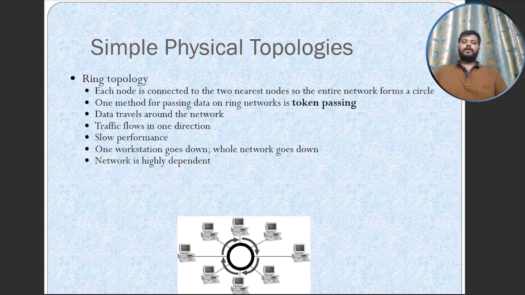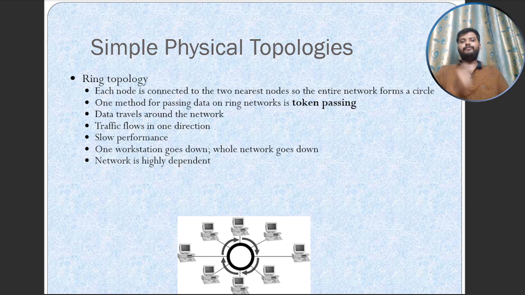One method used in ring topology is token passing. If you want to send data from one node to another, it will be passed through various different devices. Data travels around the network. This is token passing.